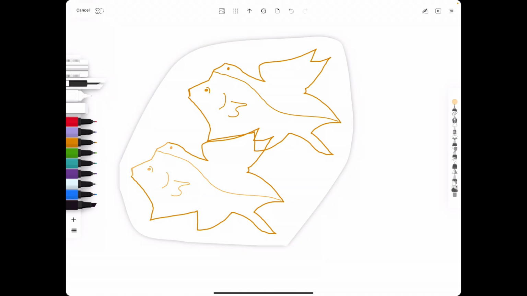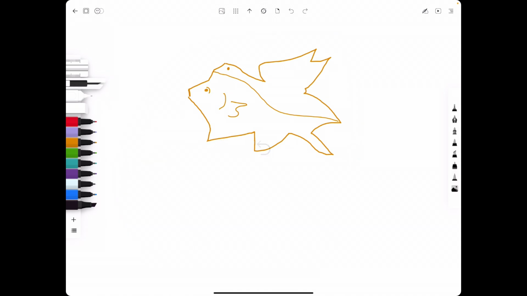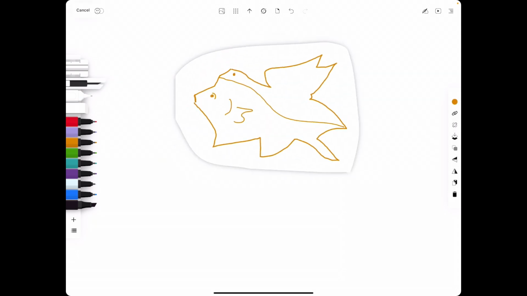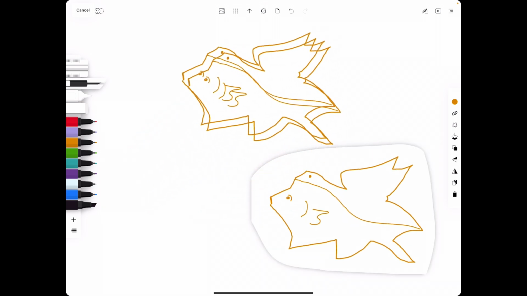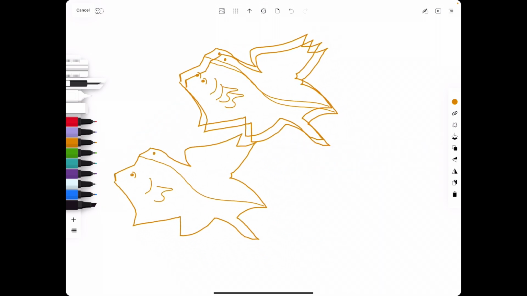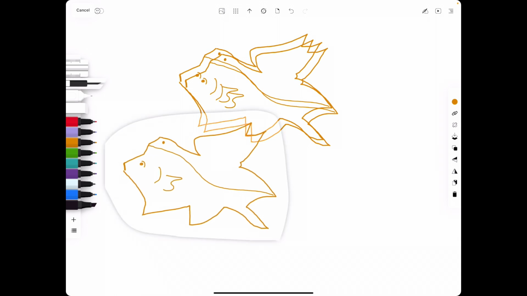I don't want the whole thing. So let's do this and copy it a couple of times. I can't do this. I don't know how to use my own tools. Oh, forget it. Okay, look in your book.